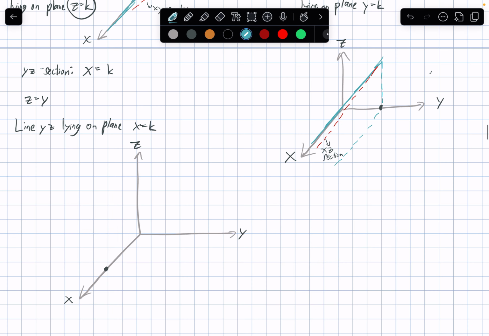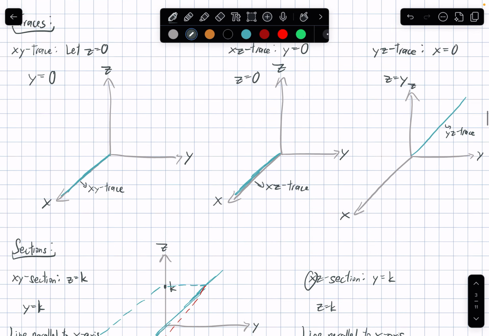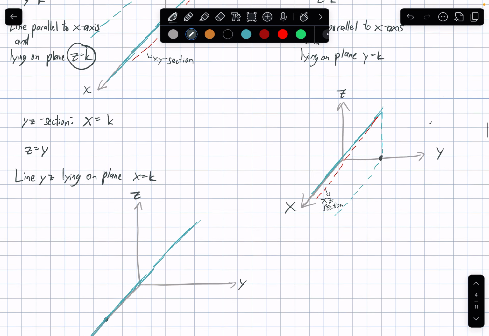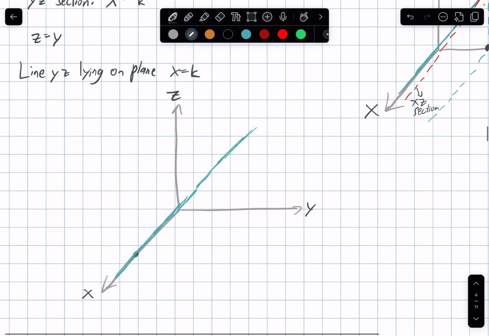And right now, again, this is a section, so whatever you found in the traces, you write it here. Your k is over here. So yeah, how can you show that the dashed lines from k are parallel?